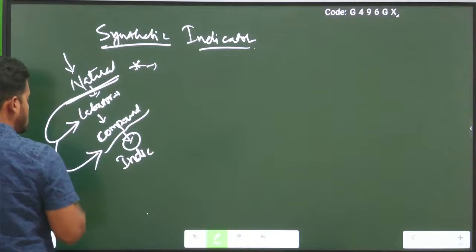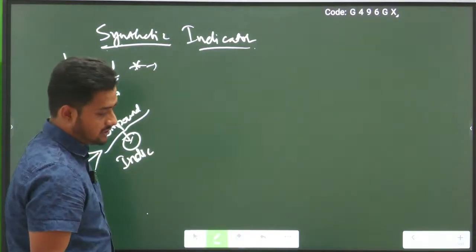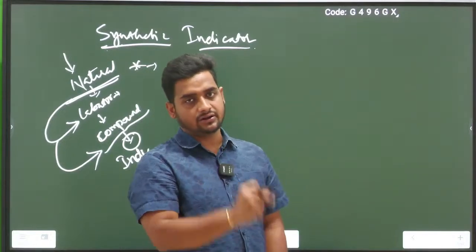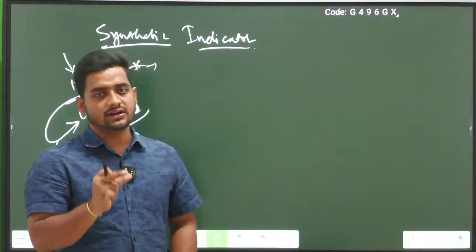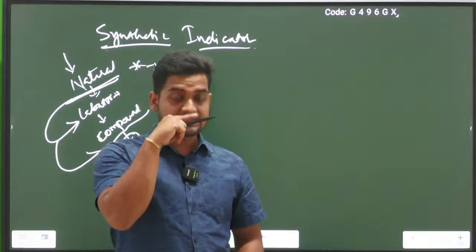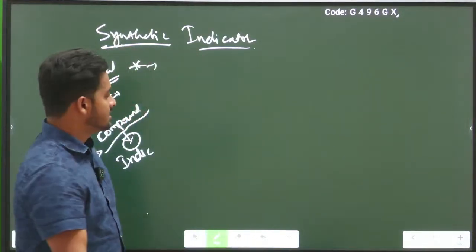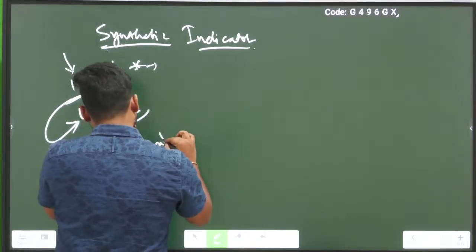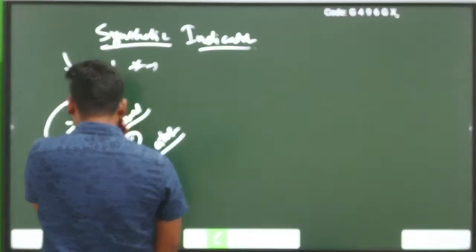If we produce any compounds in laboratories, then you can say those indicators are synthetic indicators. Synthetic indicators means they are produced in a laboratory with our own chemical formulas.